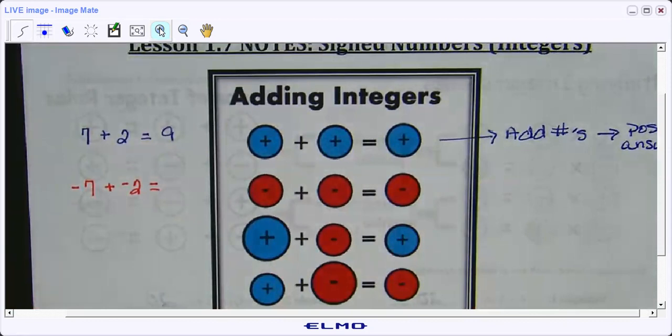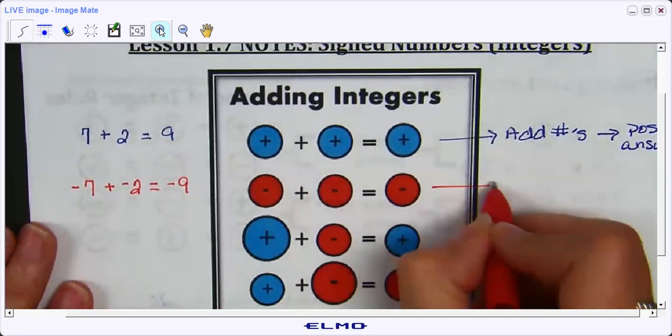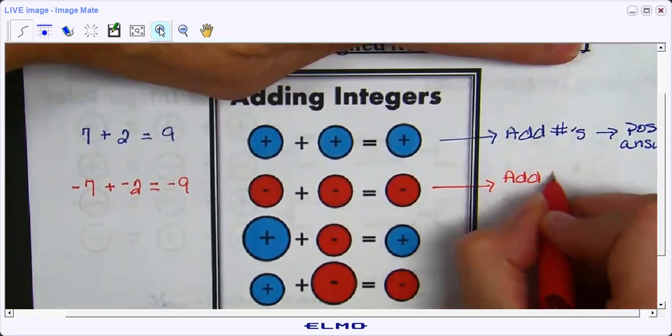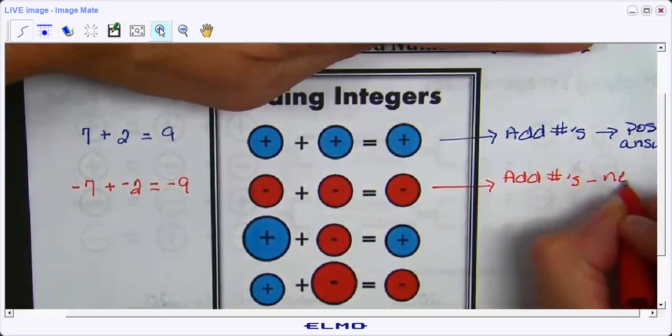If I have 7 negatives and I have 2 negatives, how many total negatives do I have? -9. So what did I do with my 7 and my 2? I added them. So I have 9 negatives. Over here, I'm going to say add numbers, and your answer will be a negative answer.